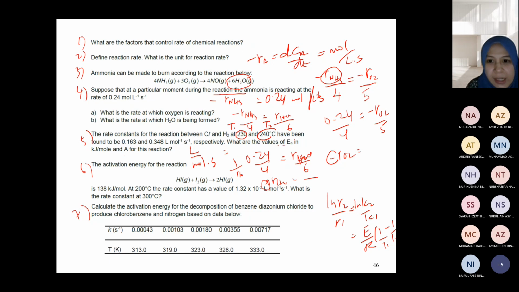So daripada sini you kena cari EA dulu sebab remember macam you nak dapat A, K is equals to A times with the E negative RT.